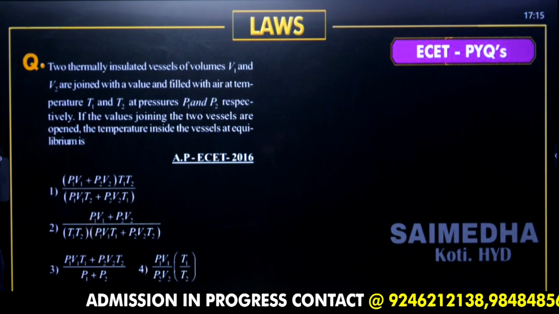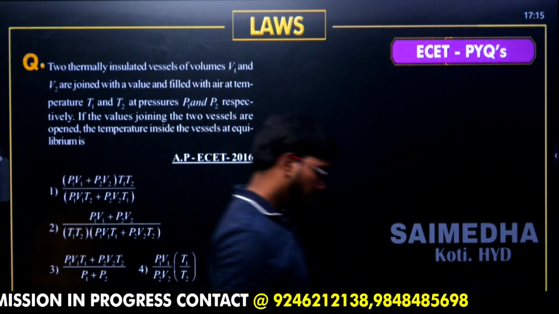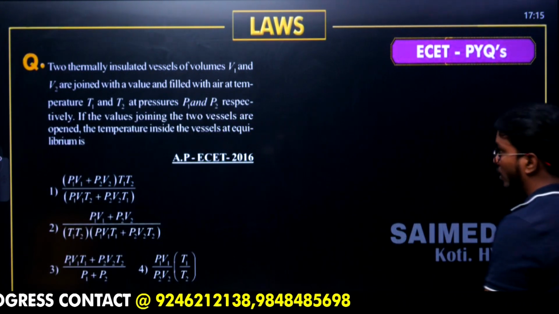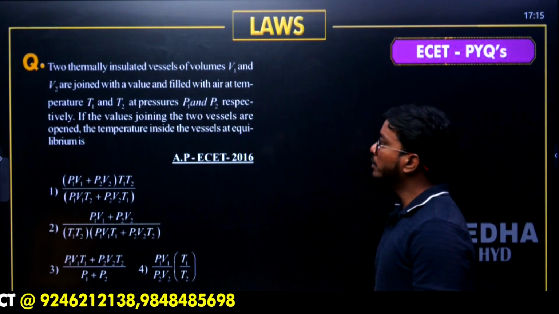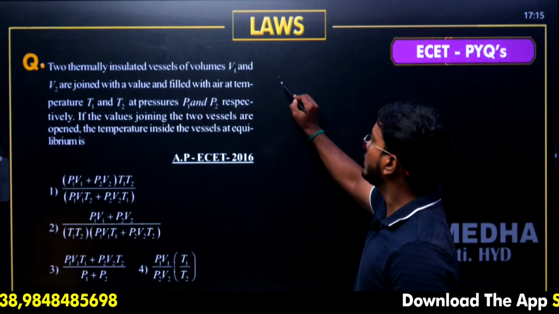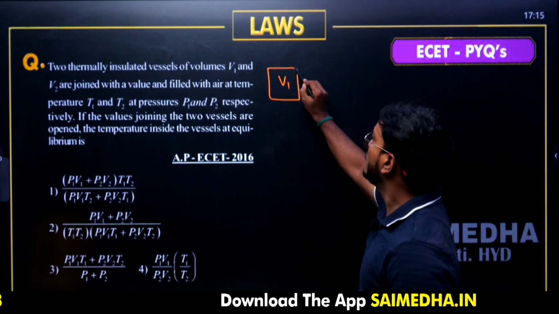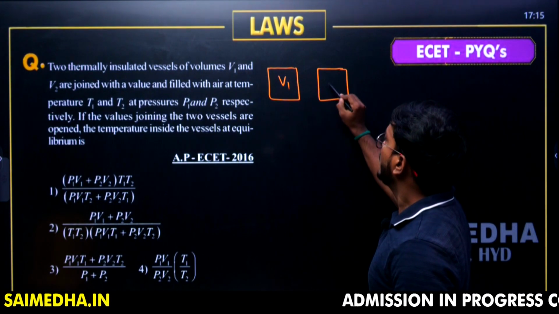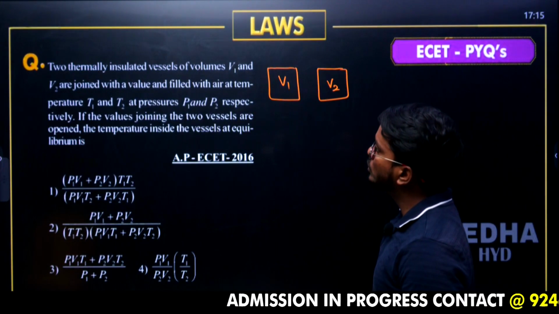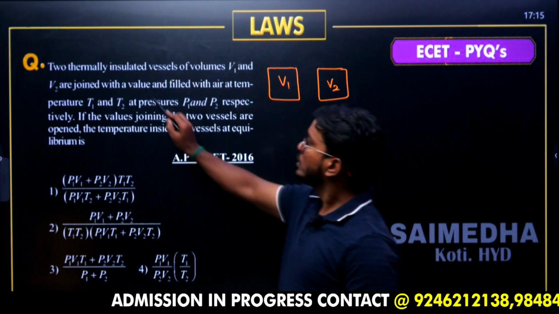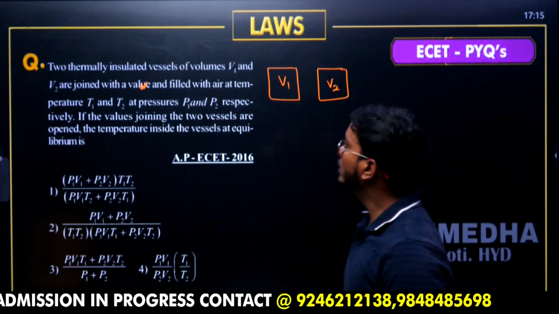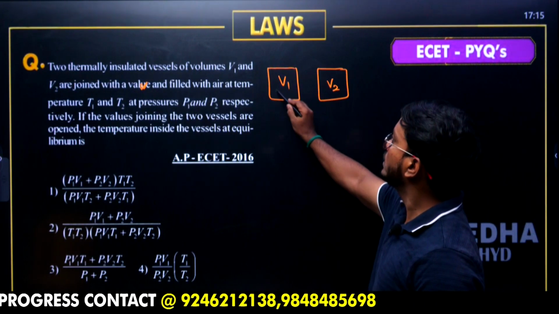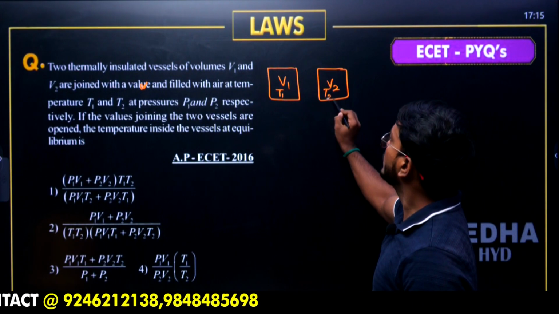Moving on to the next question. Two thermally insulated vessels V1 and V2 are joined with a valve, filled with air at temperatures T1 and T2 respectively.